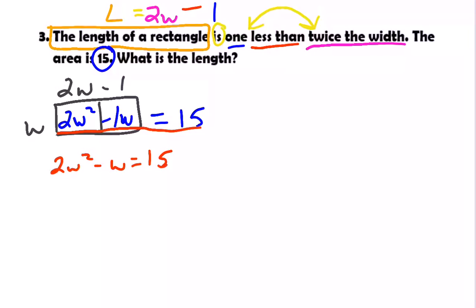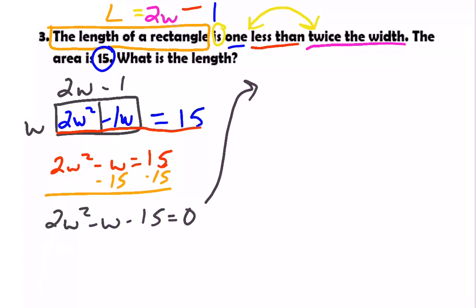To solve, I need it to be equal to 0. It's not equal to 0, so we're going to subtract 15 from both sides. That's not a like term, so I can't combine it, which gives me 2w squared minus w minus 15 equals 0.